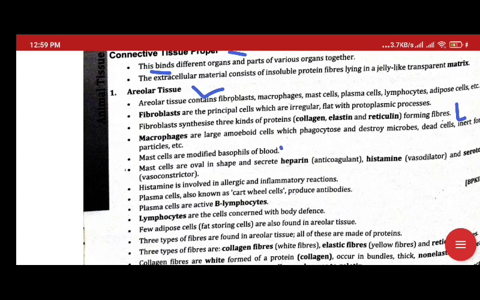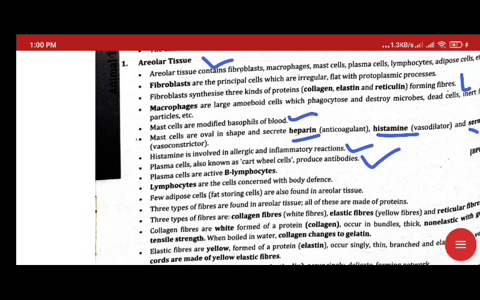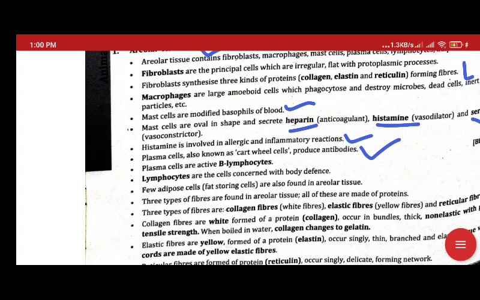Mast cell means it is on the allergy basis. It also has three types, that is heparin, histamine, serotonin. We have already read. Plasma cell produces antibodies. Histamine is for inflammatory allergy. We have already read. Also B lymphocyte's derivative is the plasma cell.